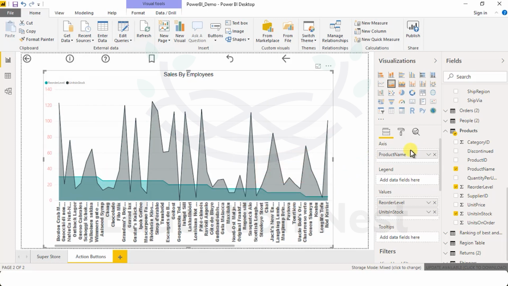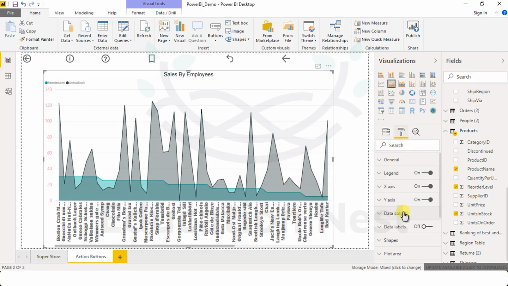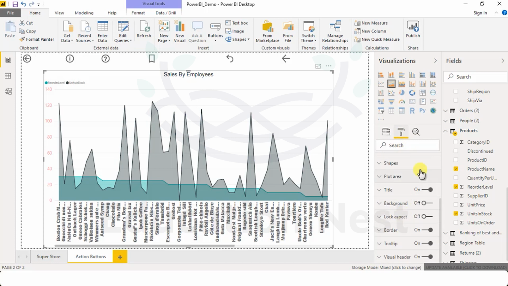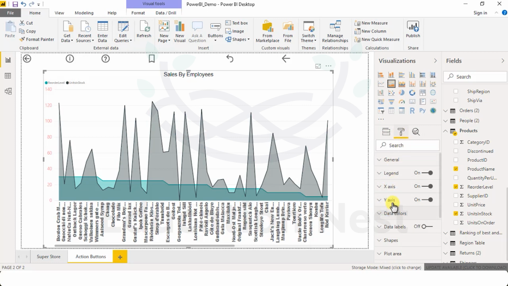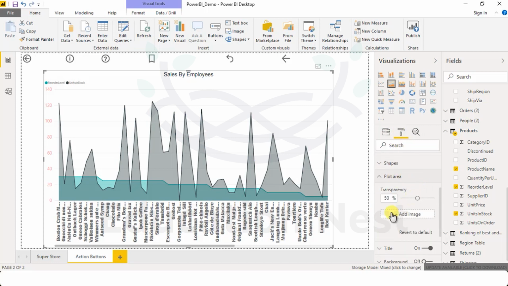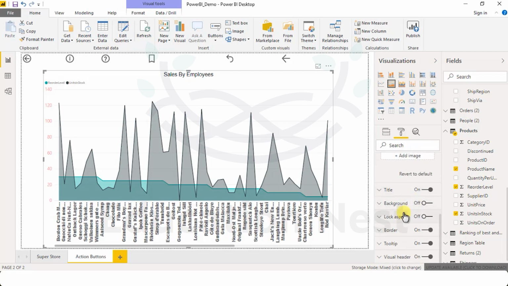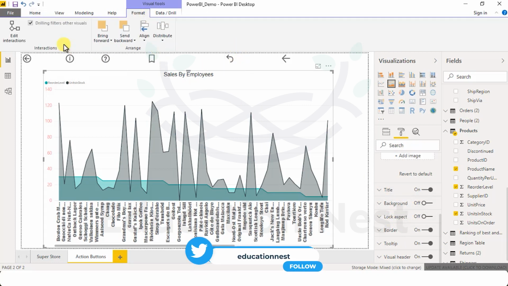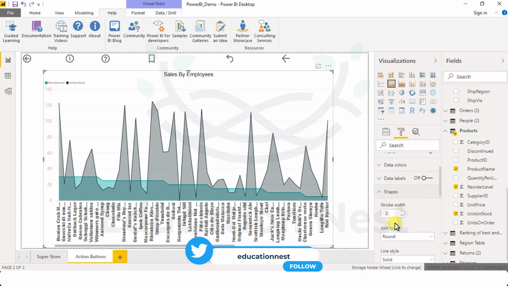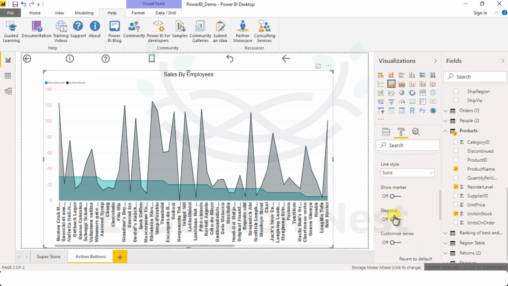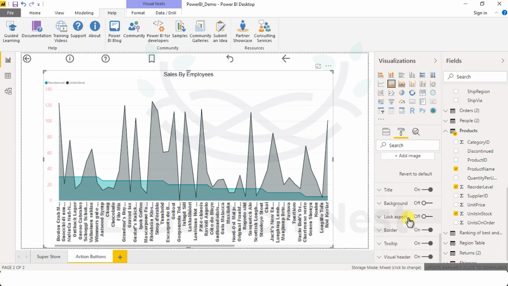You can do a little complex mechanism if we can. Let's have a look at it. If we have something known as plot area, that's okay. Title is okay. We've seen title, we've seen background. And if we go into interactions, we've already seen in the previous chapters shapes, stroke width, joint type, line, step, show off marker, customize series, right?